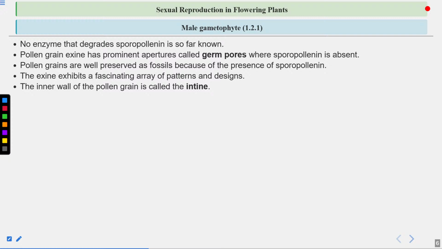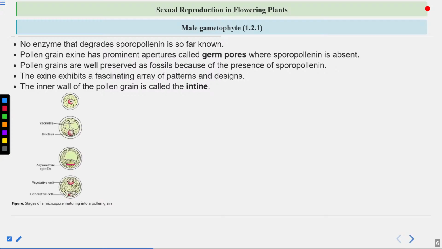Harshita also says cellulose. There is one more substance. Yes, pectin. The inner wall of the pollen grain, the intine, is made up of cellulose and pectin.